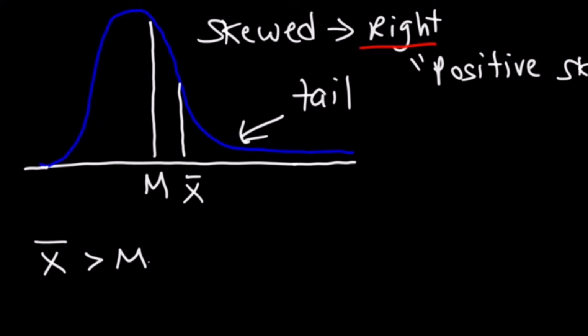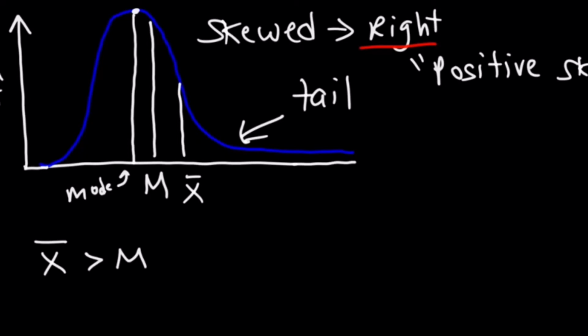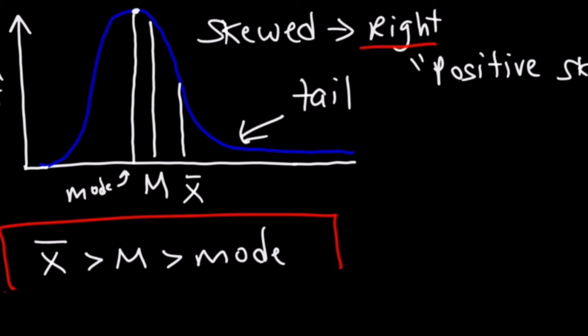So when the mean is higher than the median, then it's skewed to the right. Then where is the mode? The mode happens here, at the highest frequency. So the mode is to the left of the median. So the mode is less than the median, or we can say that the median is more than the mode.